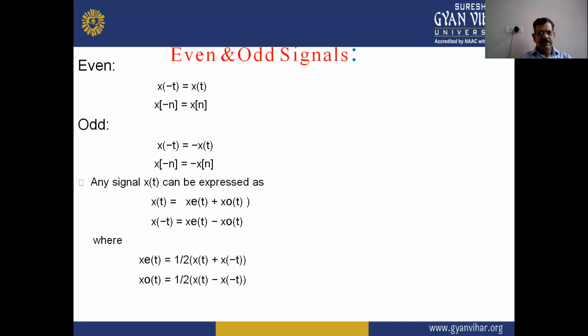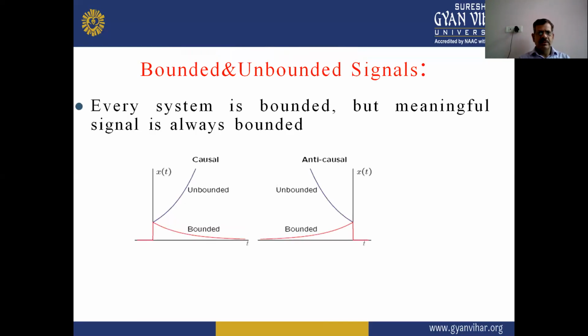Any signal x(t) can be expressed as x(t) = x_e(t) + x_o(t), and x(-t) = x_e(t) - x_o(t), where x_e(t) = 1/2 [x(t) + x(-t)] and x_o(t) = 1/2 [x(t) - x(-t)].